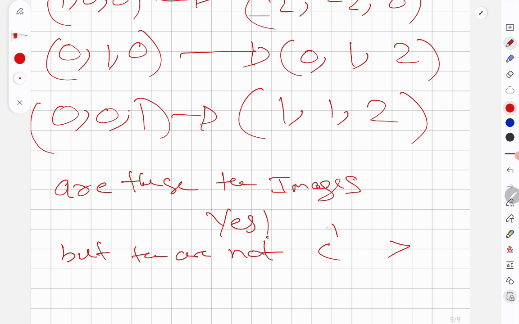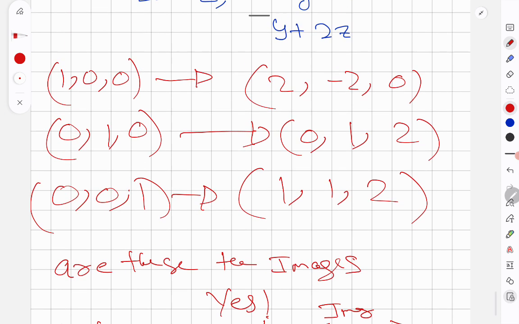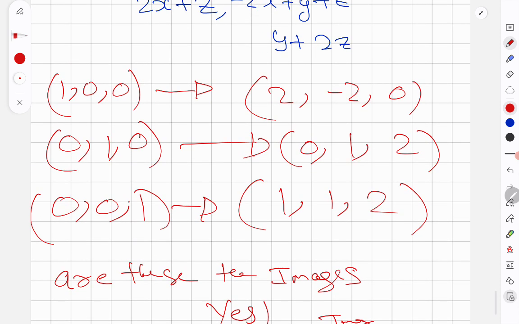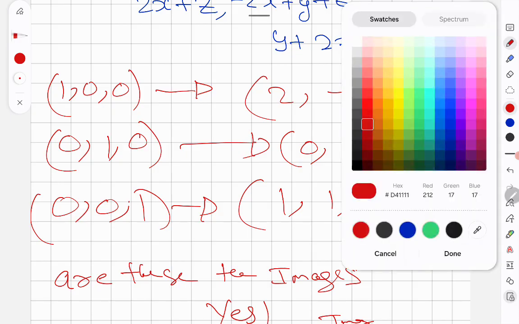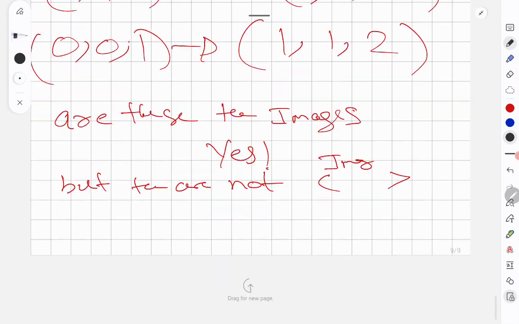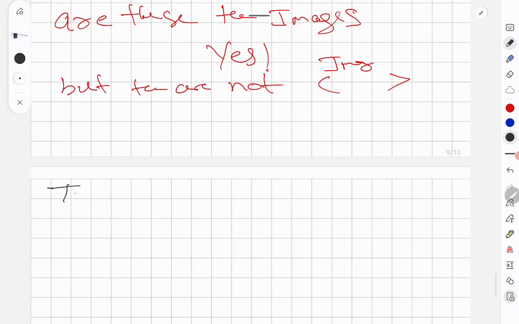You cannot write them like this because there might be a vector that can be written as a combination of the other two vectors. So you have to check linear independence. The task is not yet over.